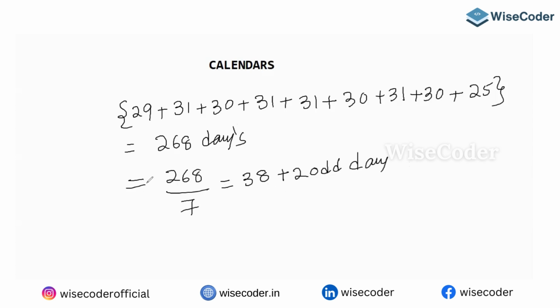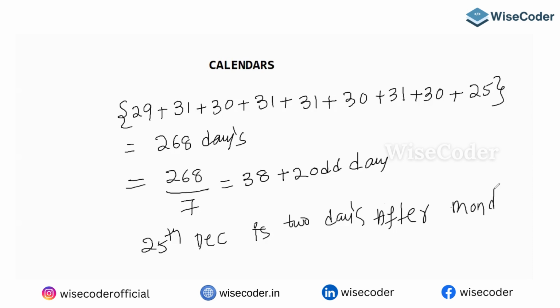Hence 25th December is 2 days after Monday, which means that day is Wednesday.